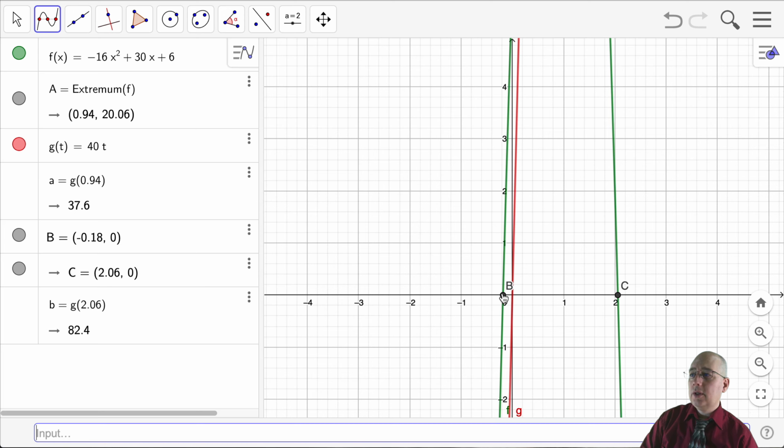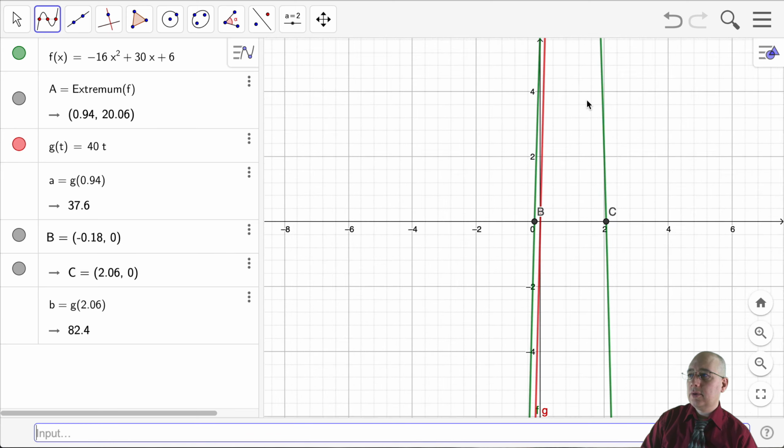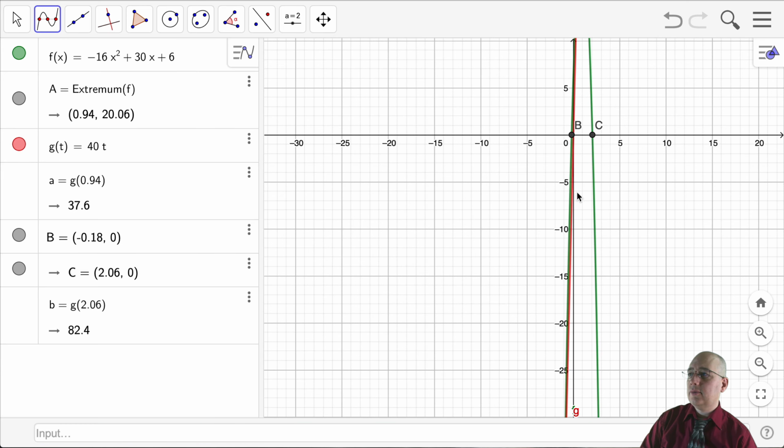So it's almost the case that the midpoint here of H is halfway between B and C, but because B is so close to the origin, it's almost halfway, so you can almost kind of double it to get close to C. It's not quite true, but it's almost true.